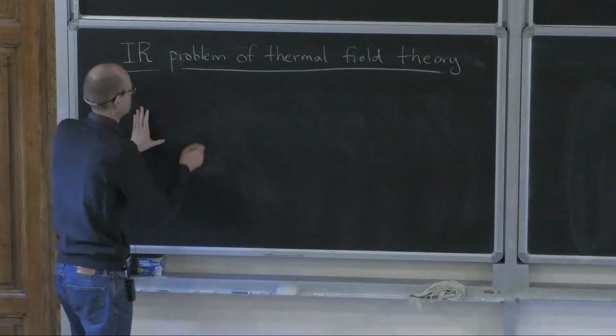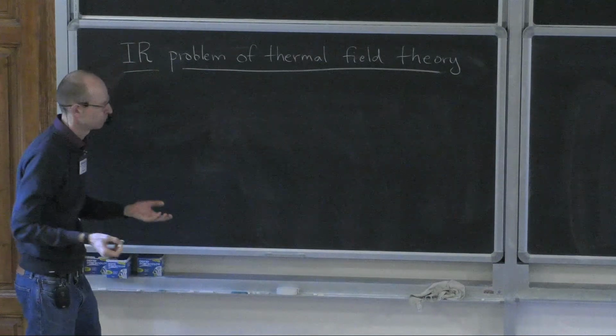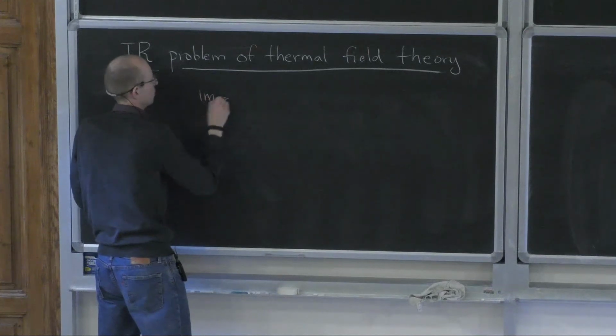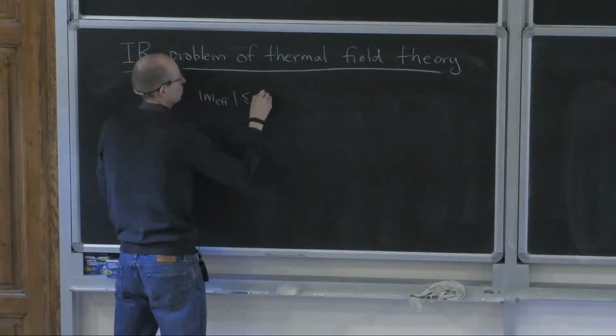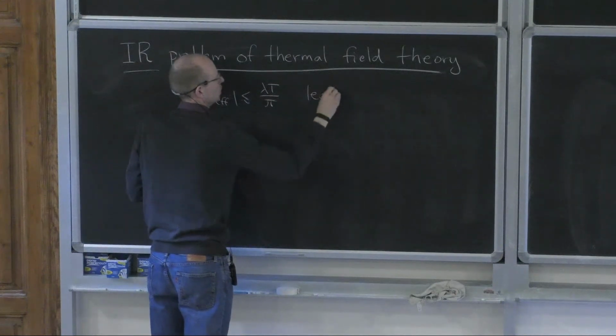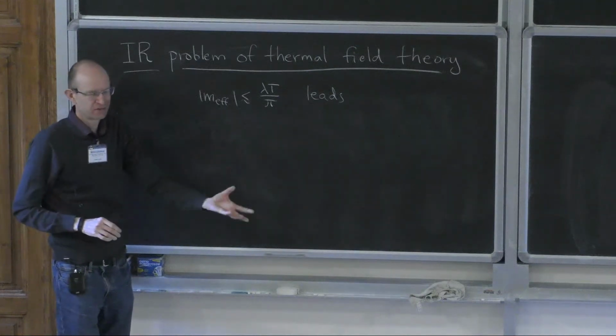So again, if we have some field which has a mass which is small, this is not a problem for the theory in itself. It's not a problem for the physics.